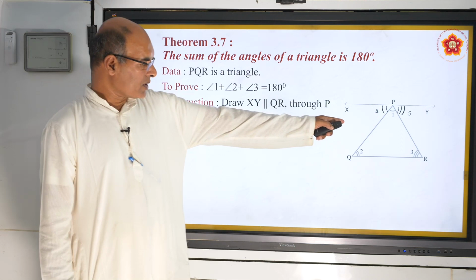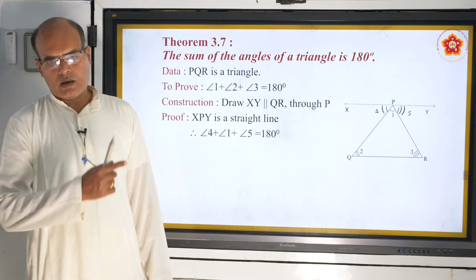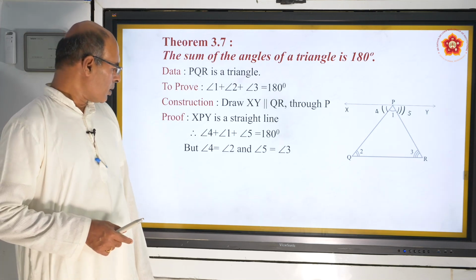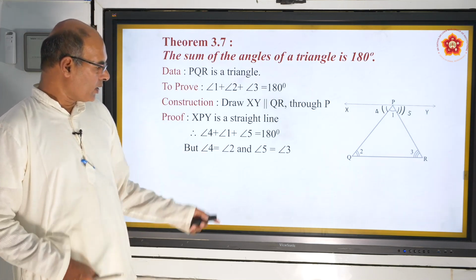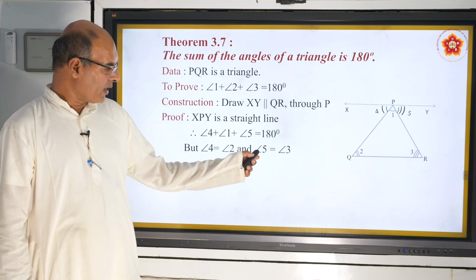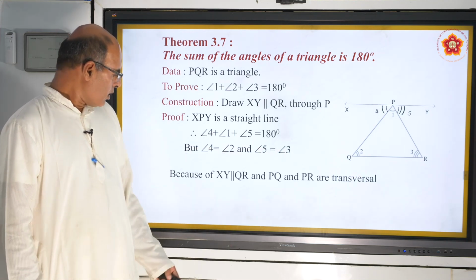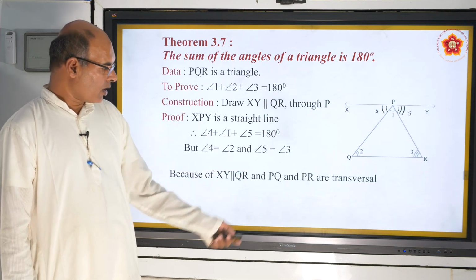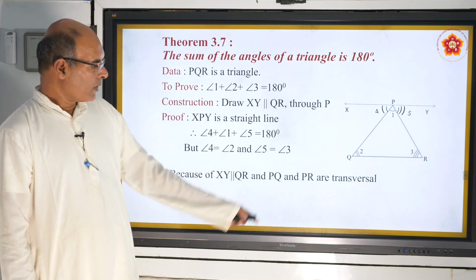So in this figure, angle 4 plus angle 1 plus angle 5 is equal to 180 degrees. All the three angles together make a straight angle. In the place of angle 4, we can write angle 2. In the place of angle 5, we can write angle 3 because they are alternate angles. XY and QR are parallel lines.